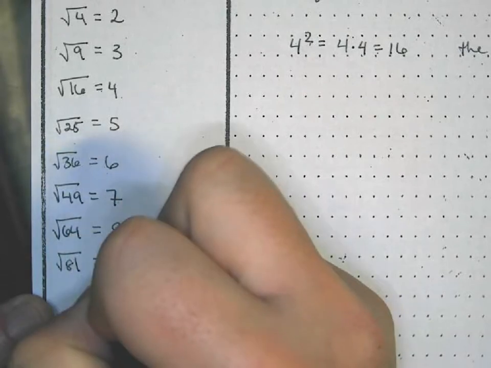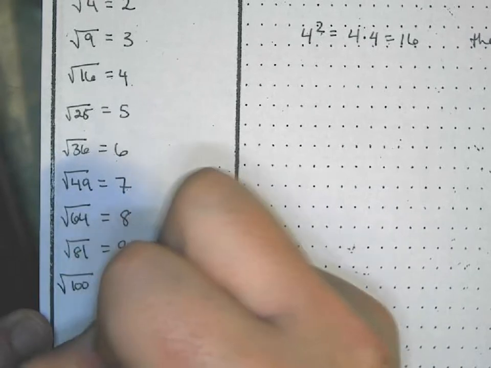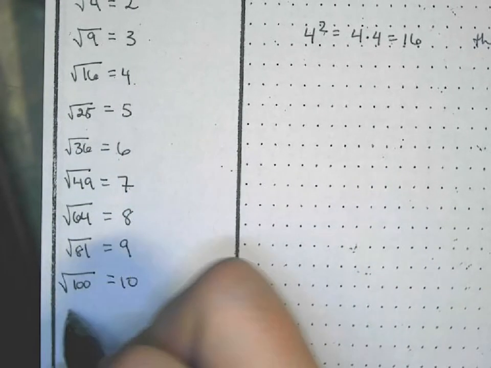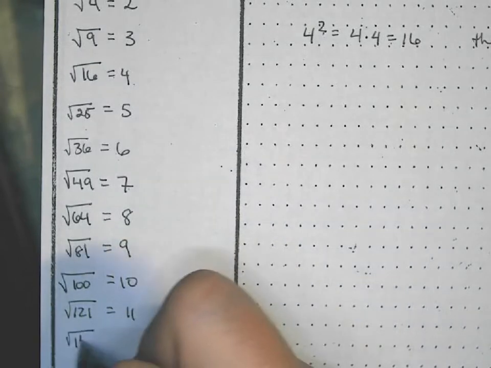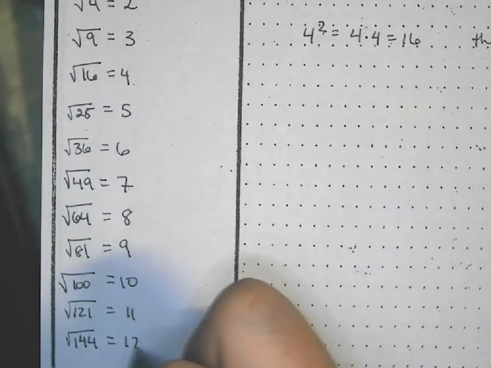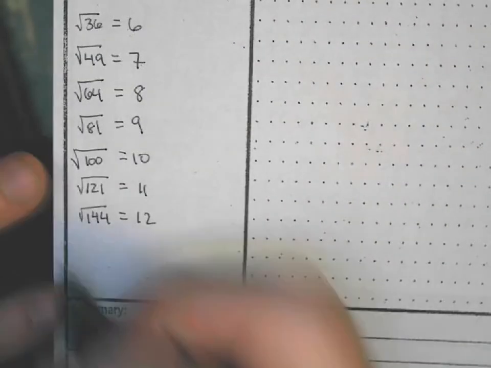Square root of 81 is 9. Square root of 100 is 10. Square root of 121 is 11. Square root of 144 is 12. I think we can do 2 more.